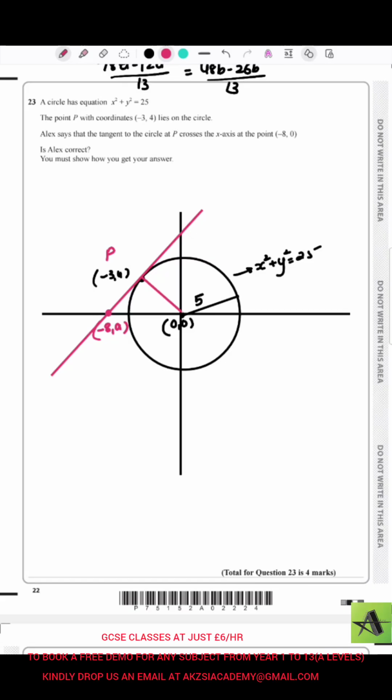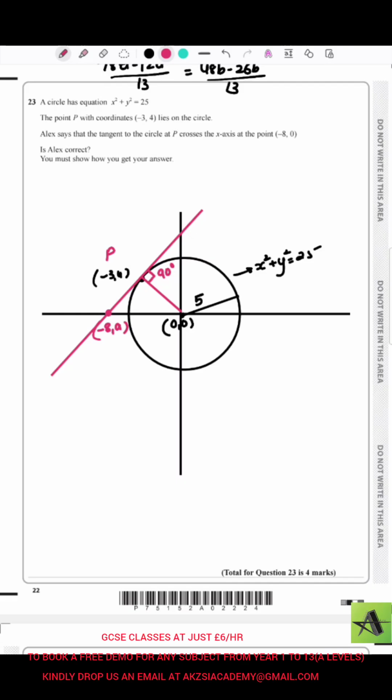There is a circle theorem which says that the angle between the radius and the tangent is always 90 degrees. So that's why I have connected it, to show that this is 90 degrees. Now this radius and this tangent are both straight lines. And we know that if two lines are perpendicular to each other, the gradient of one straight line is the negative reciprocal of the other gradient.